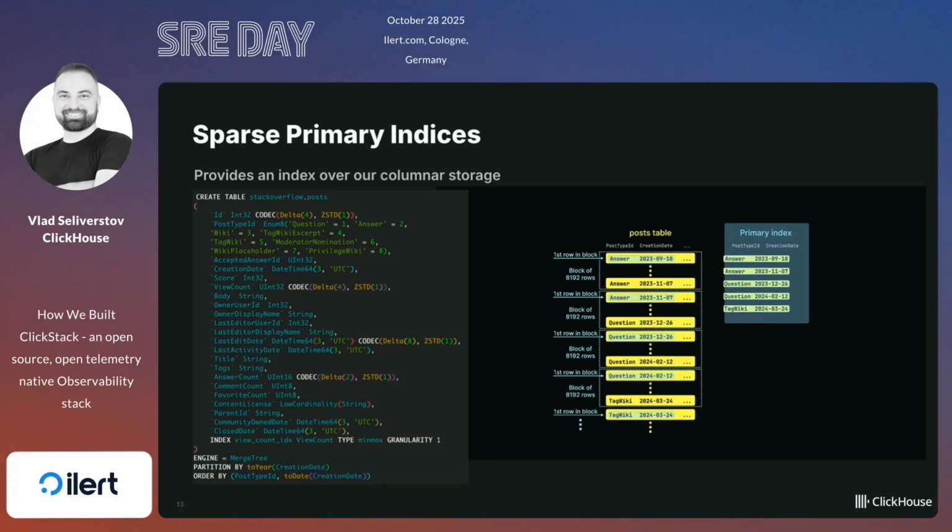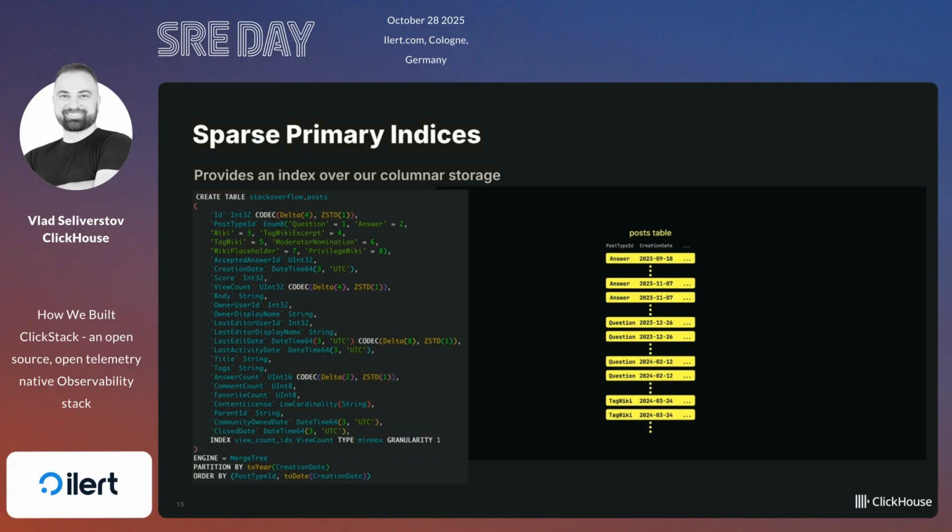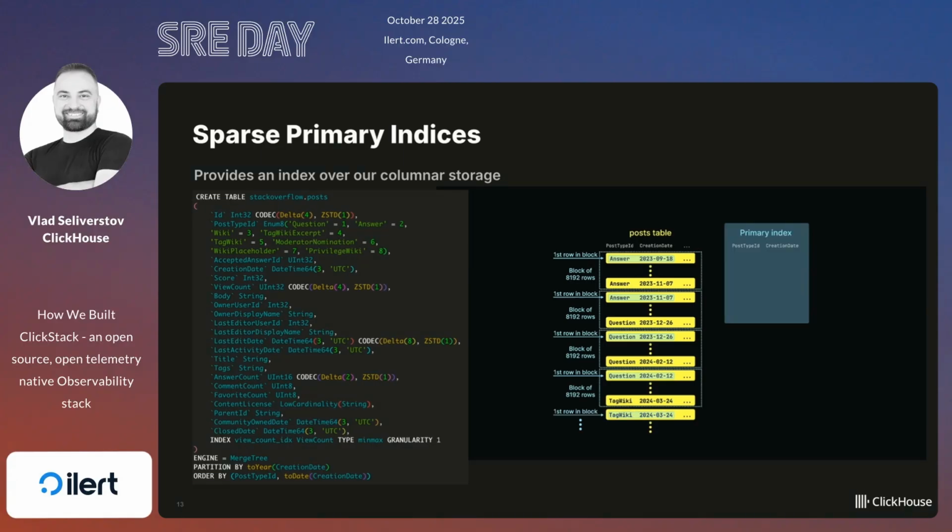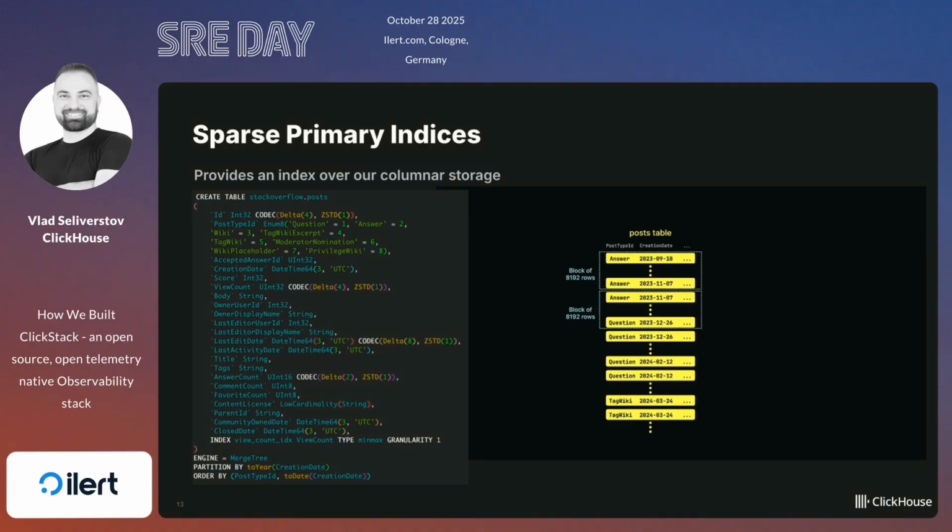Because we store data on disk by specific keys and we sort them by these keys, in this example by post ID and the creation date, we can build a primary index which is sparse. What does it mean? It means that you don't need to have an index to track every row. You can split it in granules, that's what we call it in ClickHouse, and store just the first value of a block. Because you have ordering, you can figure out where you need to go. You need to go before that, you need to go after that.